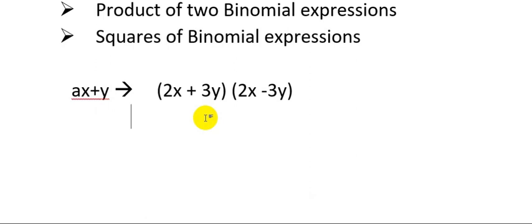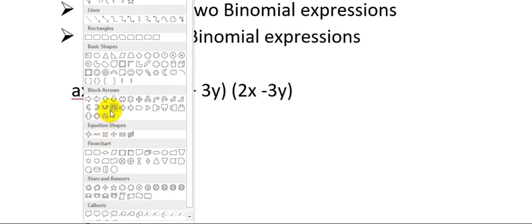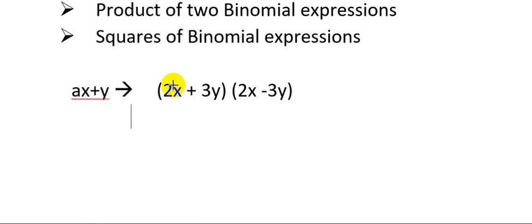As I mentioned earlier, first you multiply 2x with this whole bracket. If I indicate with an arrow, simply 2x you multiply with this whole bracket. So the steps we write: 2x multiplied with the whole bracket 2x minus 3y.